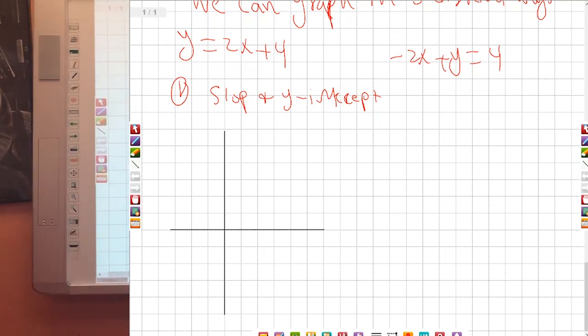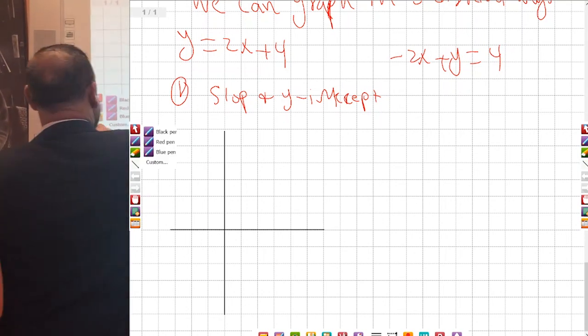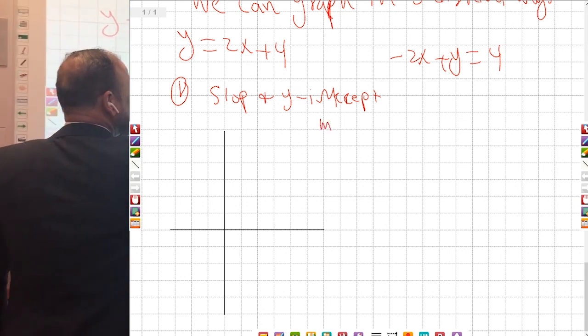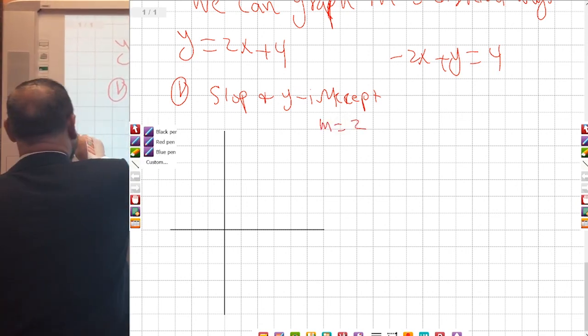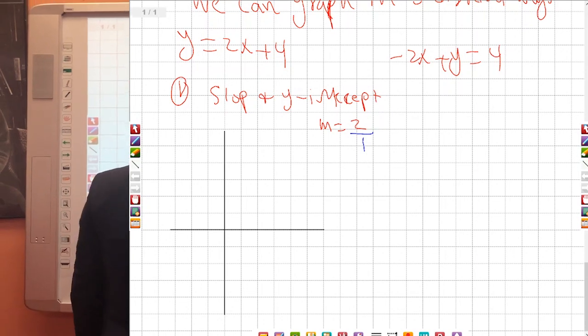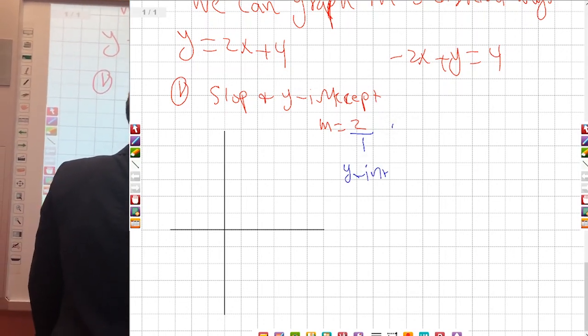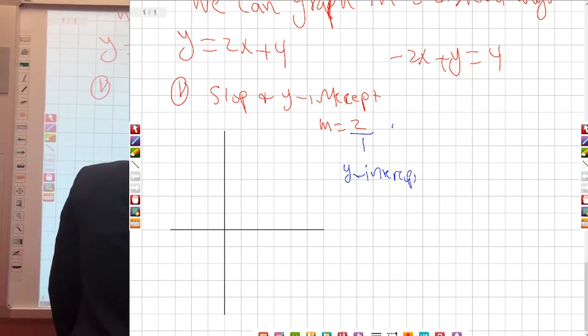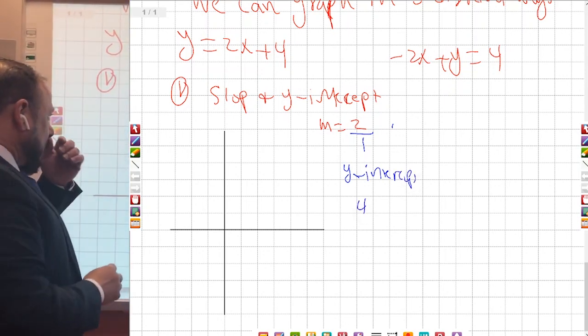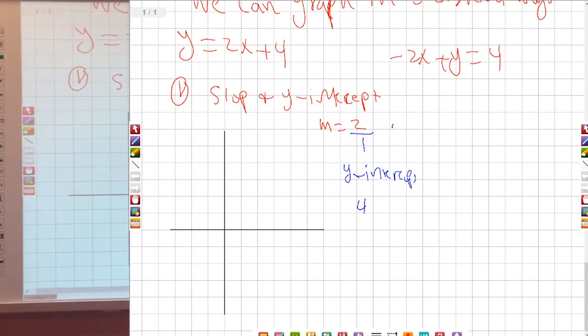Okay, good. My slope is m equal 2. If I have no denominator, my denominator is 1. Y-intercept is 4. Then, okay, let us graph it. Look how easy to graph.